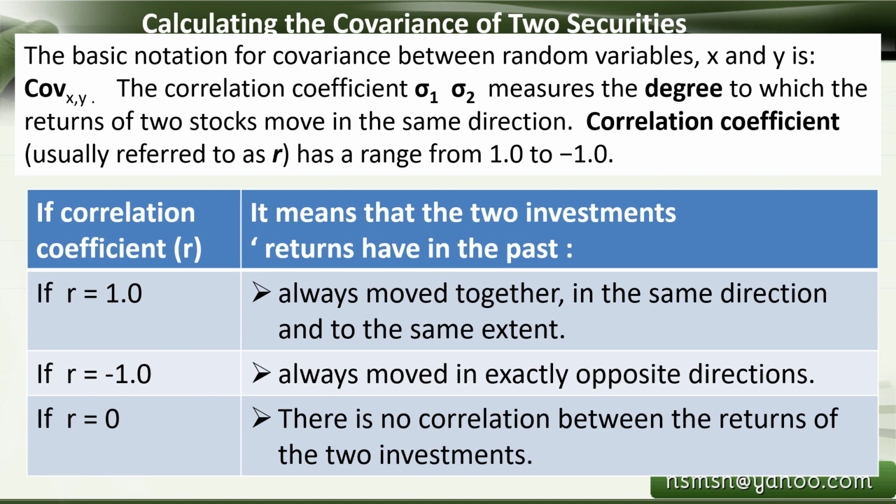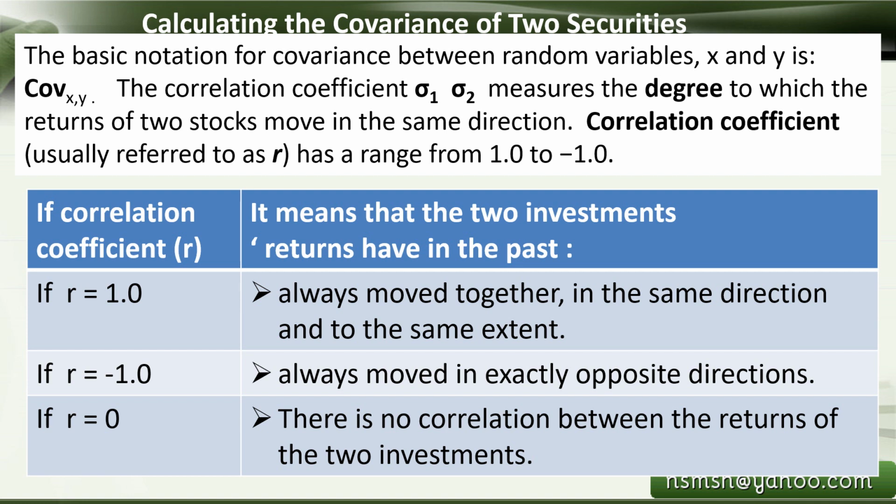They measure the degree to which the returns of two stocks move in the same direction. The correlation coefficient, usually referred to as R, ranges from 1 to -1.